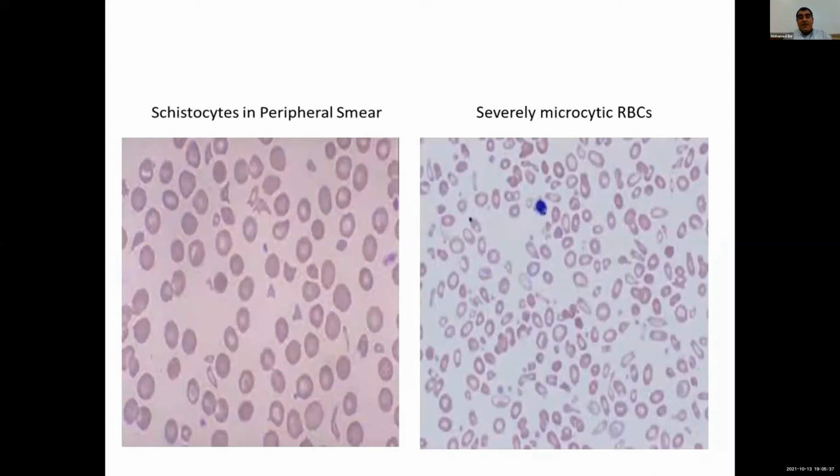Some of these RBCs could be counted as platelets in the CBC analyzer using the impedance technique and give rise to a false platelet count, pseudothrombocytosis. Or we can have schistocytosis. In some cases, the schistocytes, as I mentioned, could be counted as platelets in impedance-dependent CBC analyzers.